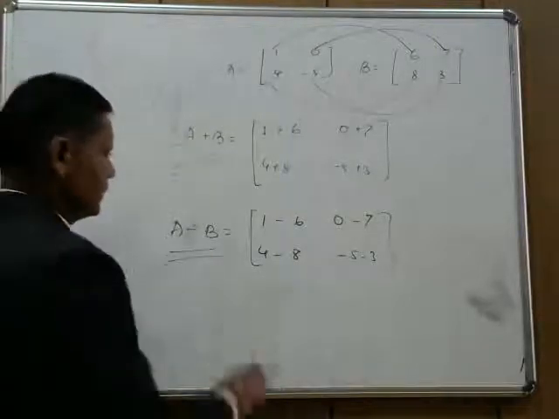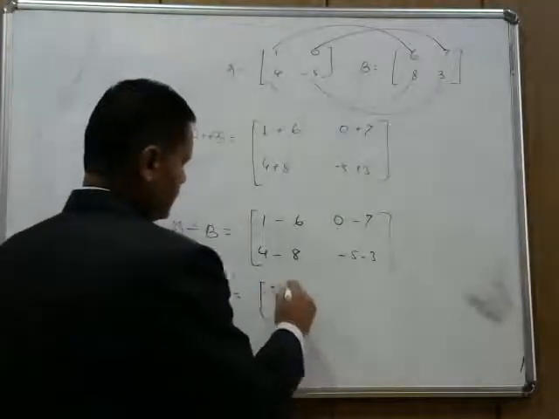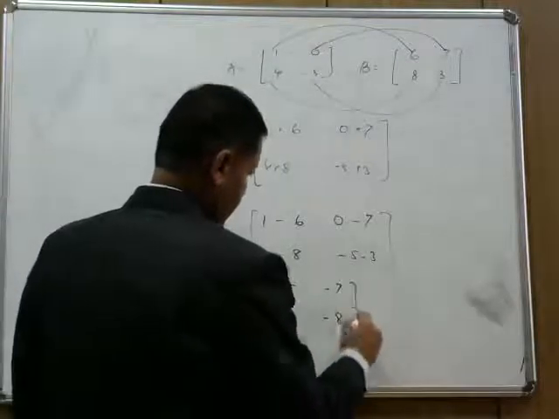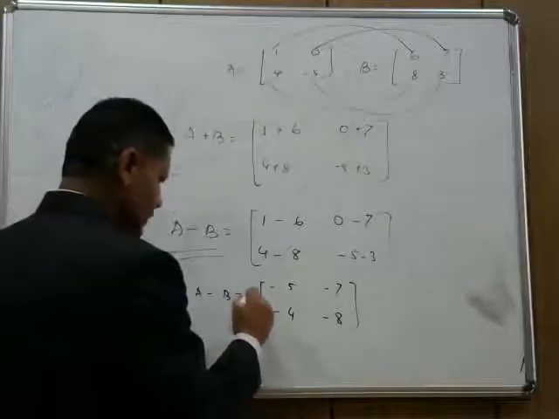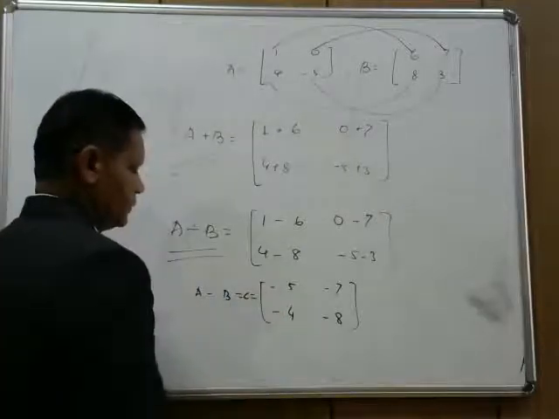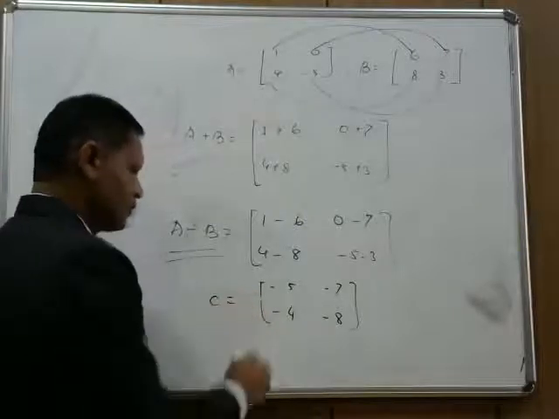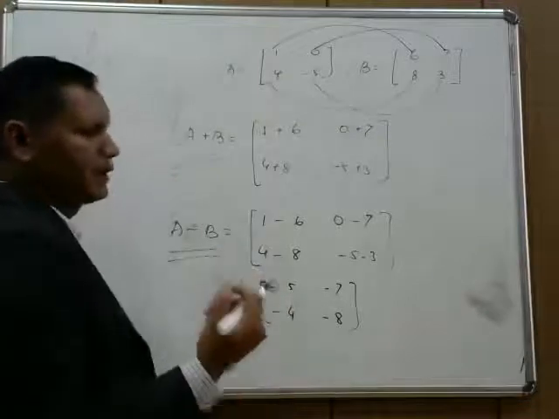Suppose we have got A minus B is equal to minus 5, minus 7, minus 4 and minus 8. This is A minus B, which I can denote as C. That means here is matrix C. Now suppose I have to multiply this matrix by any particular number.